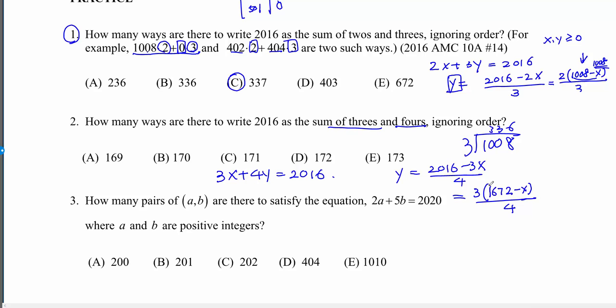But first we can check it out, right? This number is divisible by 4. Yeah. Right, that's okay. So keep continue.